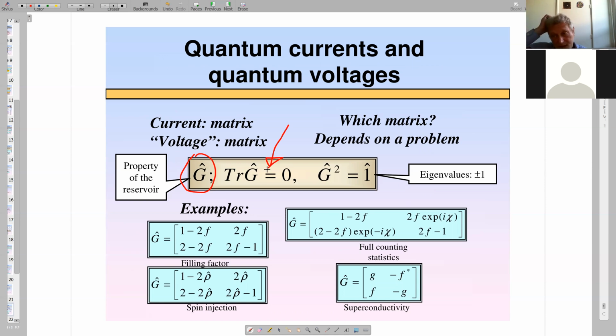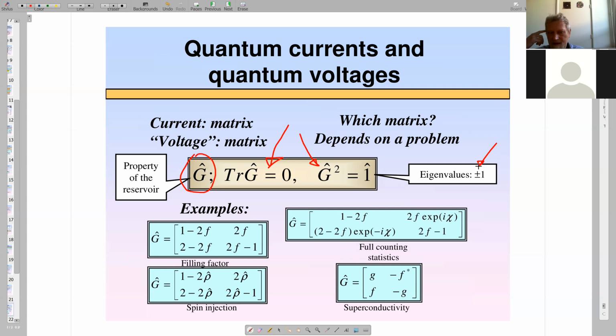And the square of this matrix is 1. What does it mean? Actually, any matrix which has eigenvalues plus minus 1 satisfies this condition. Good, that's going to be matrix voltage. I called it with letter G because of some relation between Green's functions, electronic Green's functions, and this matrix voltage. But I don't talk about this. Rather, I will give examples. It's how we fill in the template.